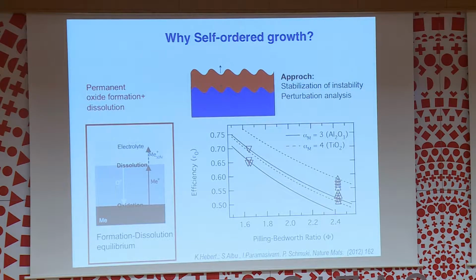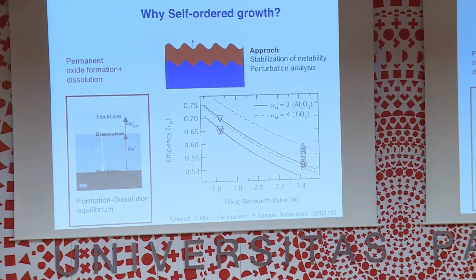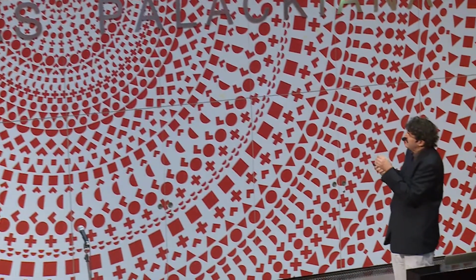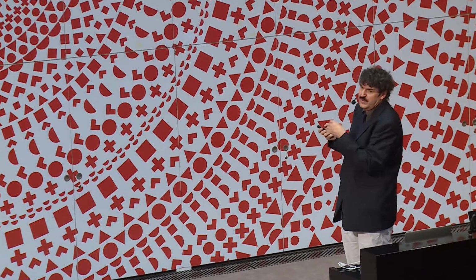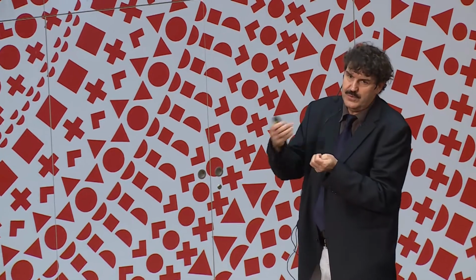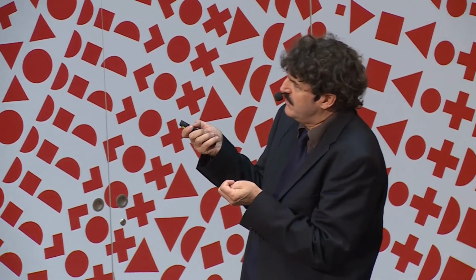And the answer is because of the stress at this interface combined with the permanent flux of oxide. If you use perturbation analysis, you can predict under which dissolution conditions such a perturbation, such a situation, is possible.